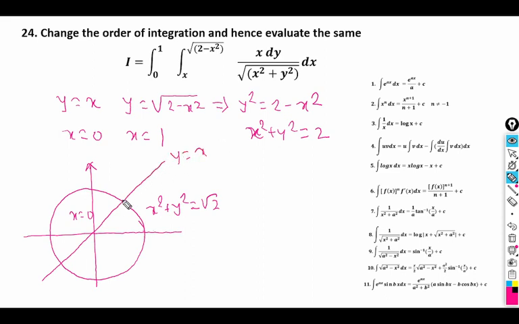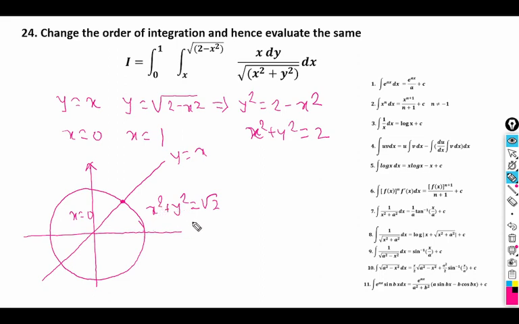Now you'll observe this is a point. When you take x equal to y, 2x square is equal to root 2. And you will observe the coordinates of that point are probably root 2 comma root 2, because root 2 square is 2 plus 2. No, not correct, my mistake. y equal to x we drew, and we want the coordinates of this point, so we have to solve these two equations simultaneously.